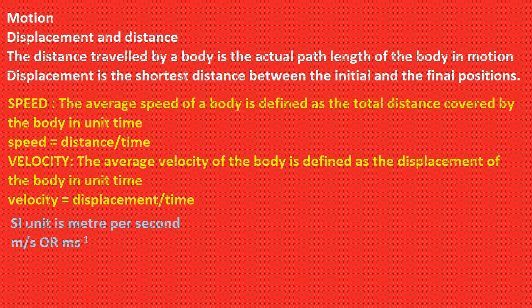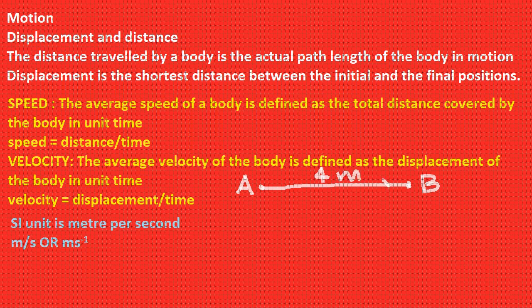Suppose we have an object situated at some position, say A, and from this position the object travels along a straight line up to B, covering a distance of 4 meters.